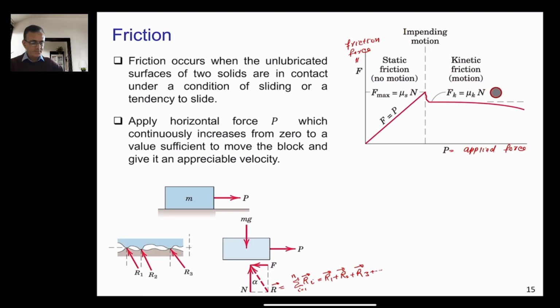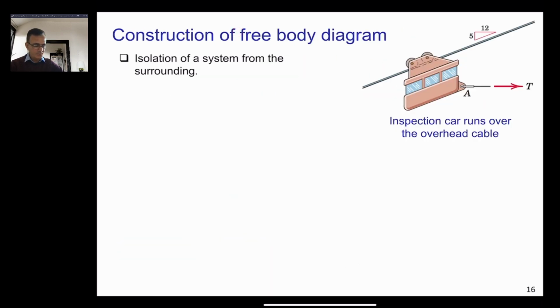But from this point onward, the body is moving, and what we are seeing here is a kinetic friction, which can be written in this form here.